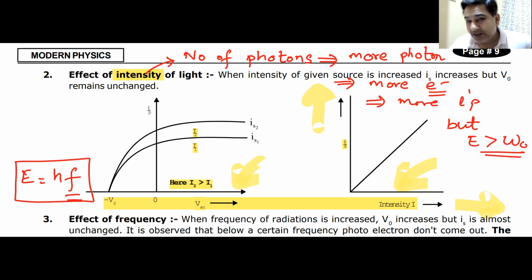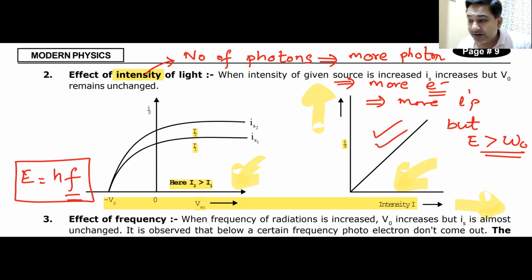Then only it will happen. If the energy is more than work function, more the light, more the number of photons, more the electrons, more the electric current, and that is why we have a direct relation.